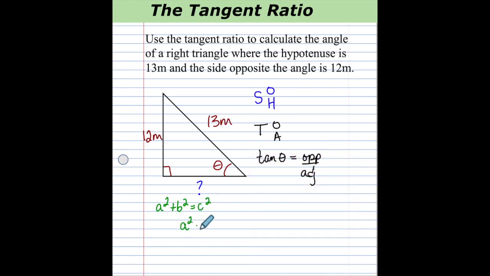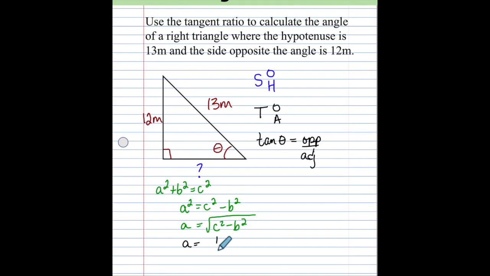Remember, a squared is c squared minus b squared, or a is the square root of c squared minus b squared. Or just think it's the hypotenuse squared, subtract the leg squared, and then the square root. 13 squared minus 12 squared, and we take the square root.